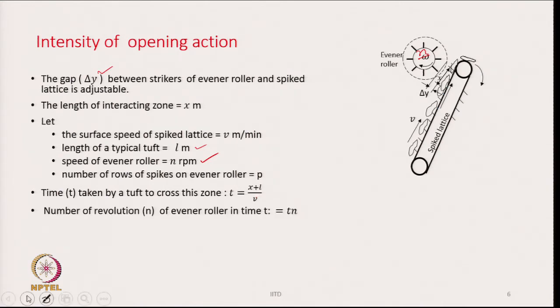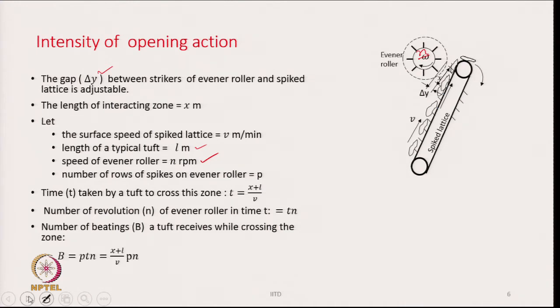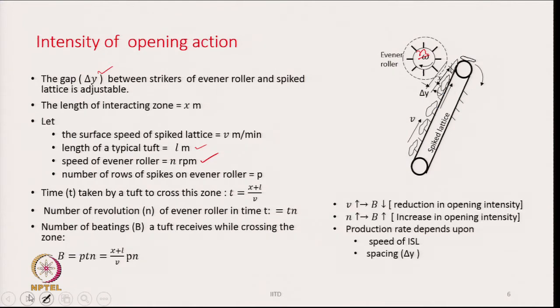During this time, the number of revolutions of the Ebenard roller is going to be T into n, and the number of beatings B a tuft will receive while crossing this zone, beating by the striking elements or the spikes of the Ebenard roller, will be p T n, where T is x plus L by v. Therefore, the number of beatings a tuft is likely to receive is B equals x plus L by v into p into n.